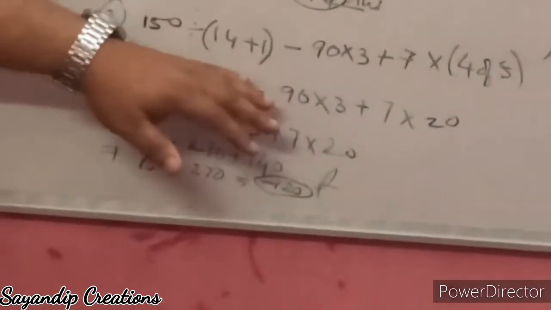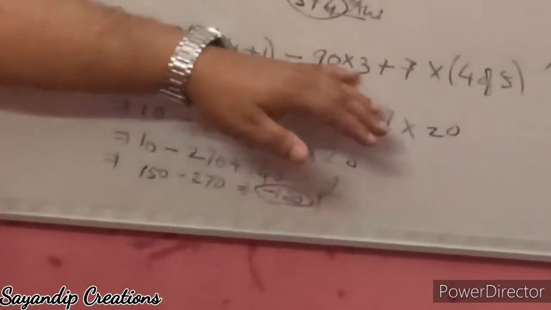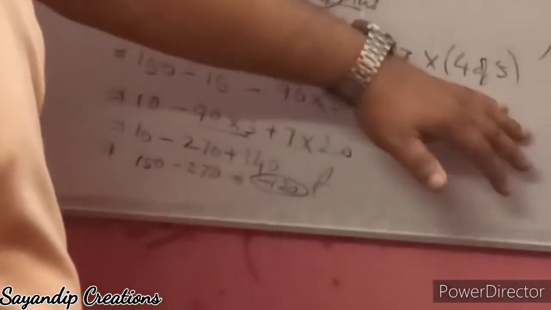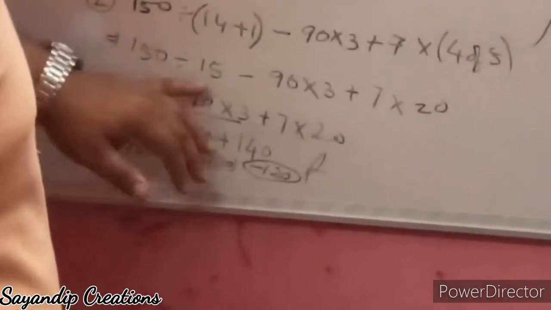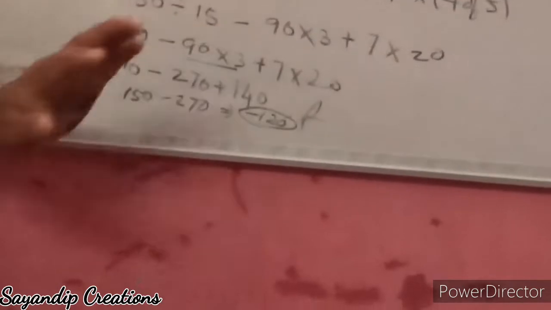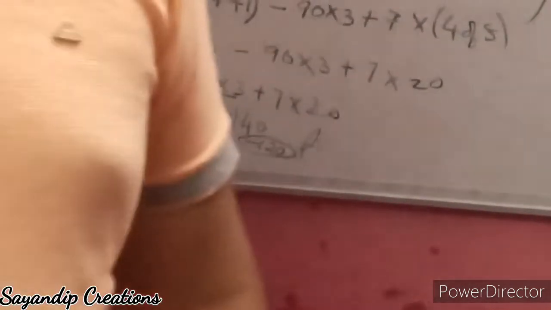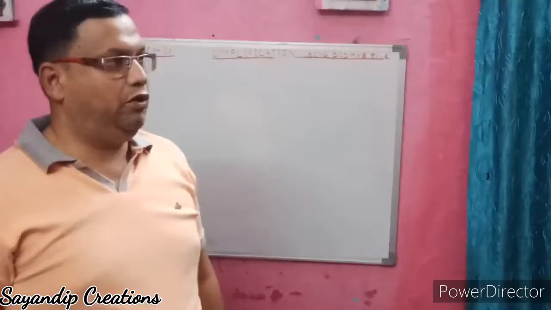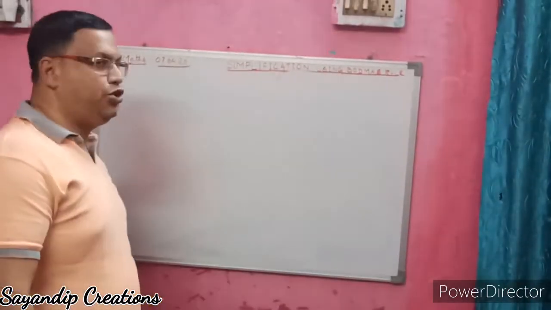So this is question number 2 which I have done for you: 150 divided by (14 plus 1), that is 15, minus 90 into 3 plus 7 into 4 of 5. First we did 4 of 5, which is 20, then 150 divided by 15 is 10, and then we got the answer minus 120. Just copy it down and then I will give you the next question. Till now I have discussed two questions.